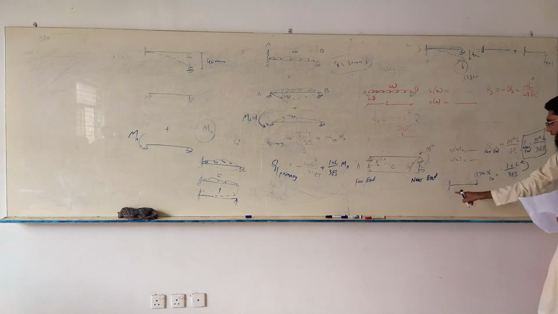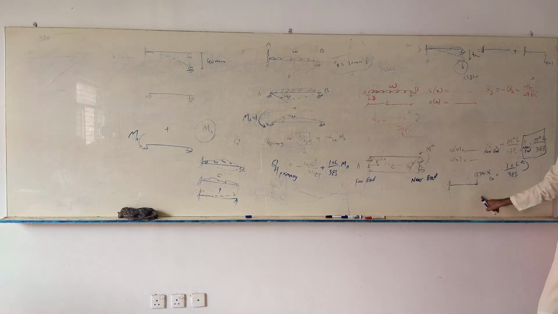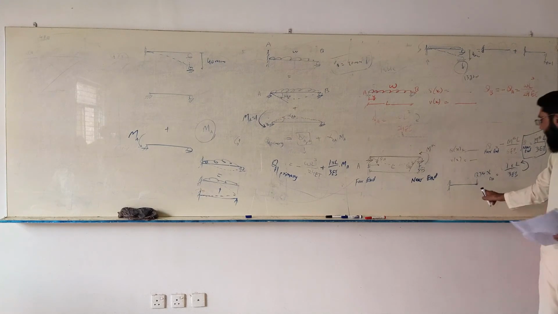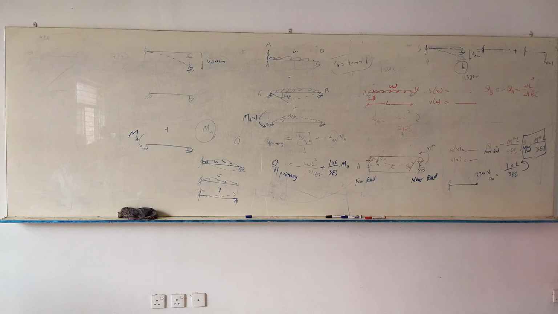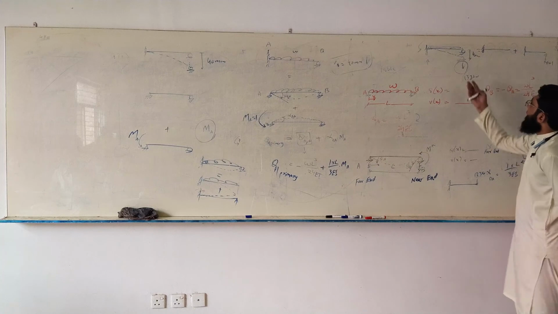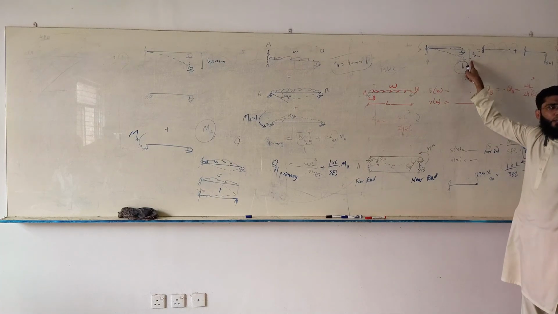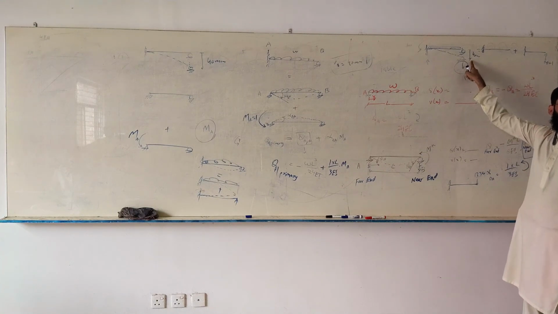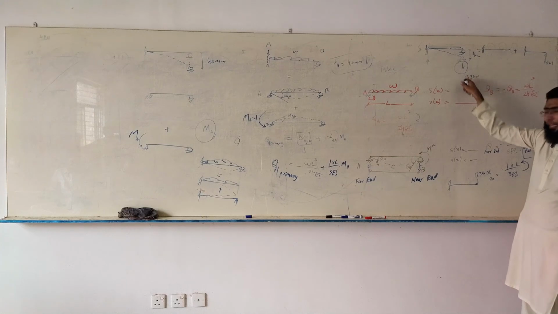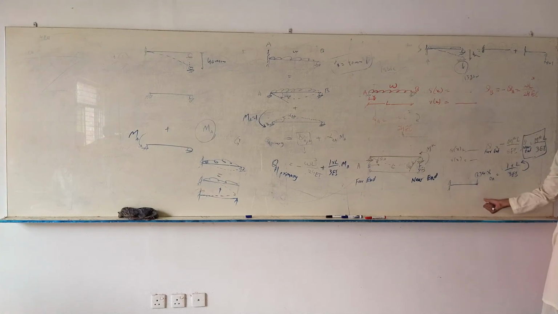If I tell you this is 10 kilonewtons and I have a downward load of 13.3 kilonewtons at this tip, what will be the displacement at this end? 40 millimeters. So over here I'm telling you, if this is the displacement, guess the force that will be acting over here. And here I'm telling you this is the displacement. So this is the force. What will be the displacement? 40 millimeters. Okay?